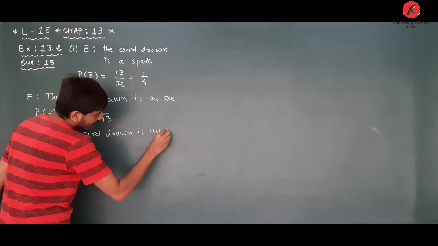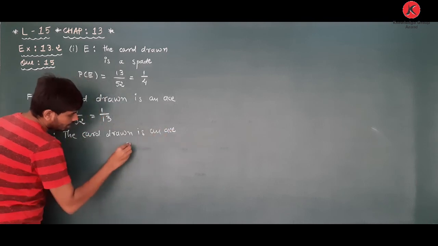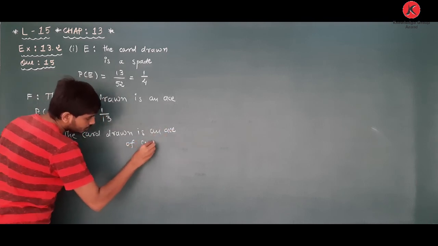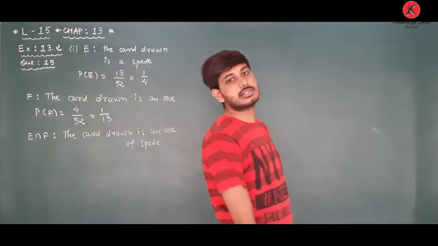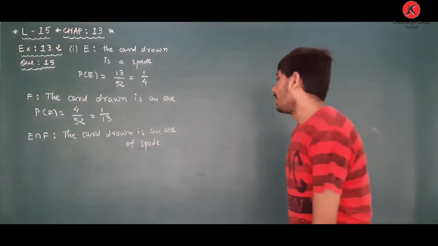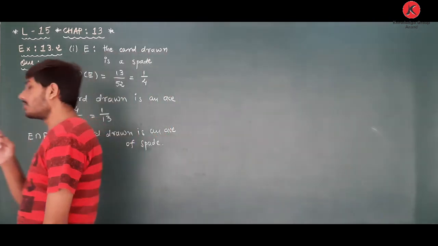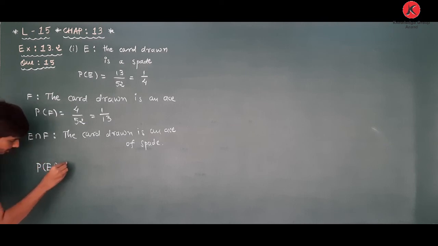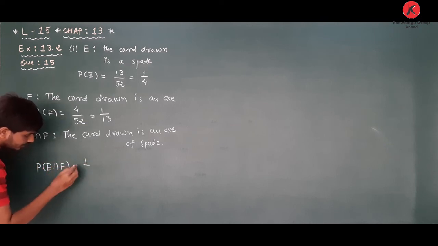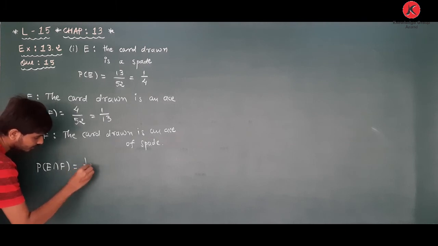There is only one ace of spade card. Therefore, the probability of E intersection F is 1 by 52.